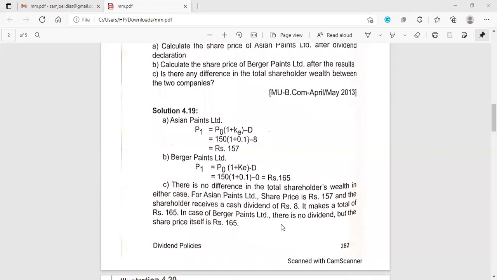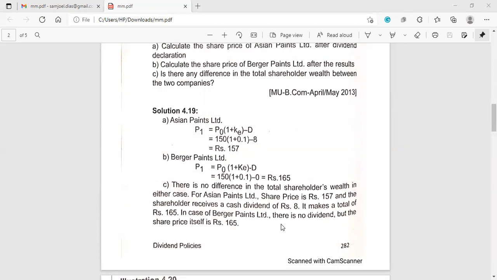Now in the case of the third question, there is no difference in the total shareholders' wealth in either case. For Asian Paints Limited, the share price is rupees 157 and the shareholder receives a cash dividend of rupees 8. So that makes 165, that is 157 plus 8 rupees.